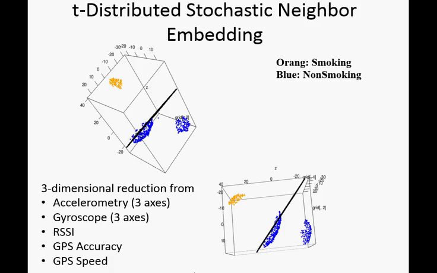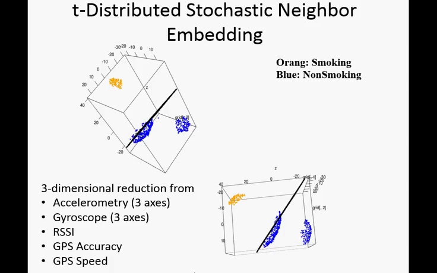One of the tools that we'll often use is a technique that's known as t-SNE, or t-distributed stochastic neighbor embedding. The idea here is that it's a dimensional reduction technique.